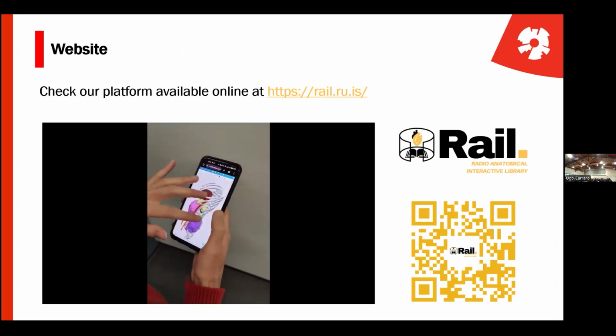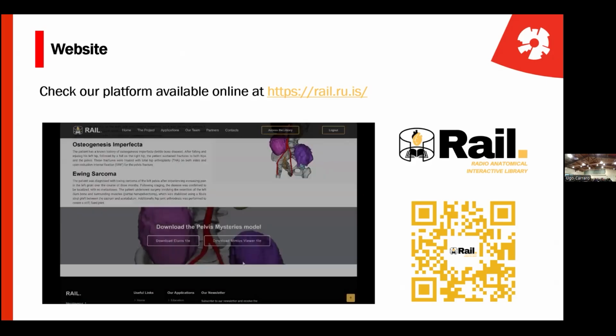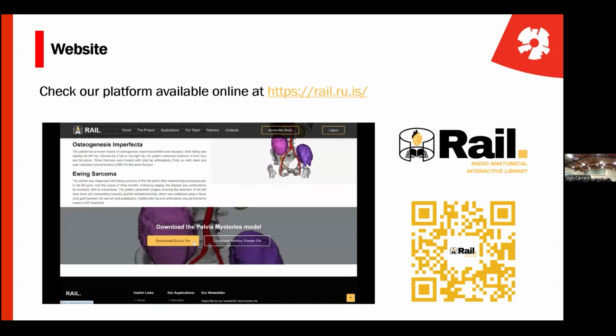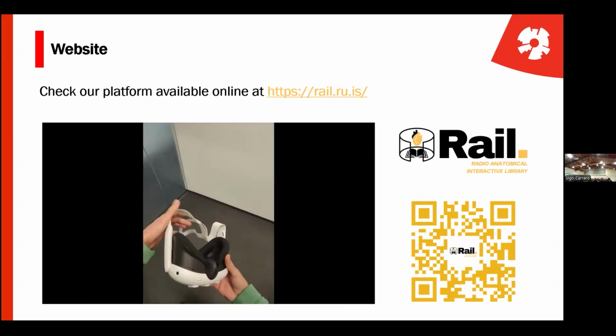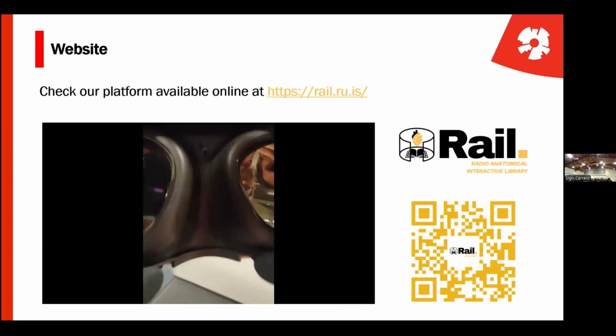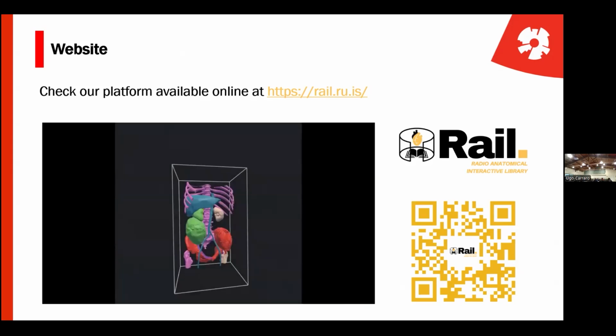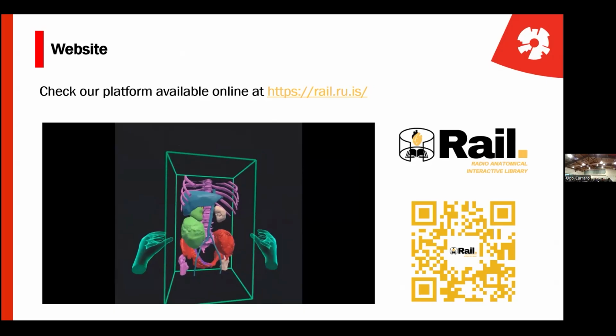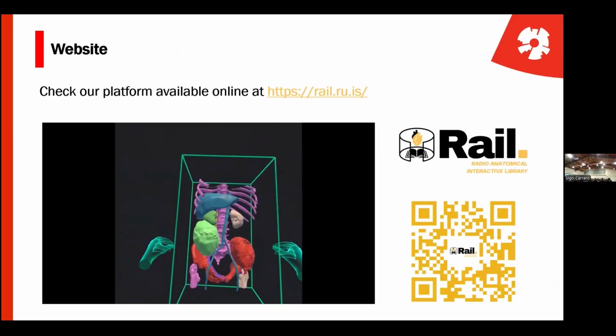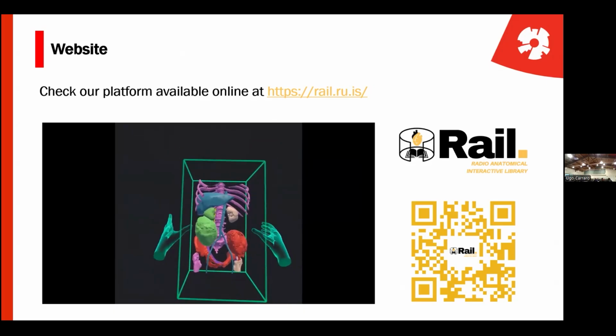Whether you can jump in with your phone, with your laptop, or with your tablet. While the other button, provided that you have access to an XR headset, makes it possible to interact with the models in a dedicated virtual reality environment, where you can visualize the data.